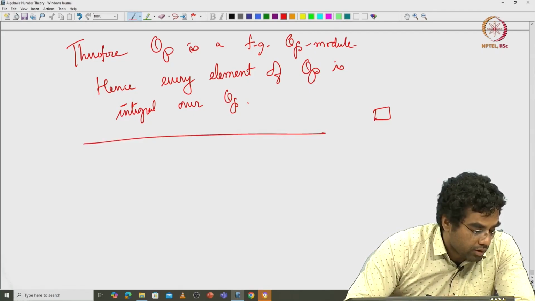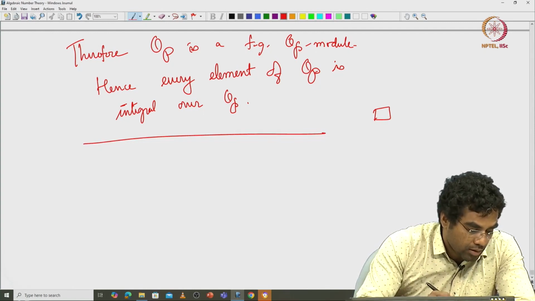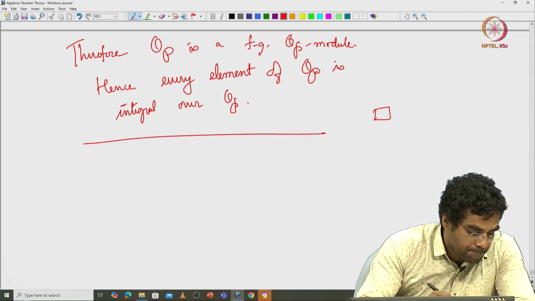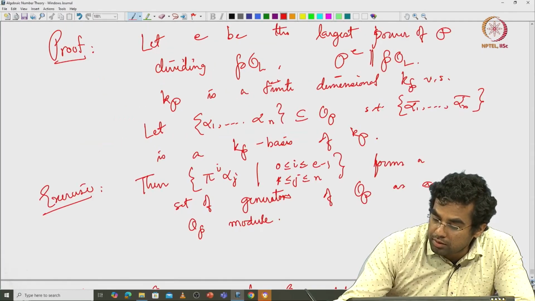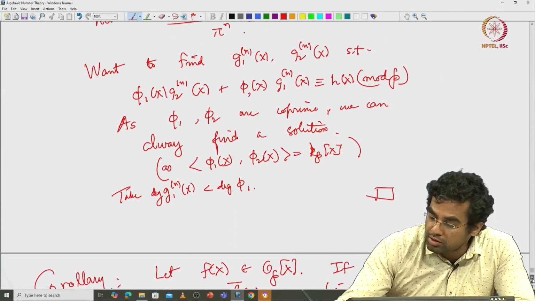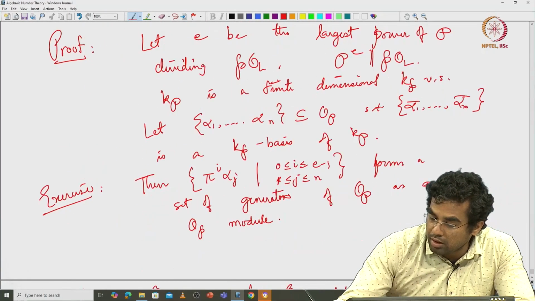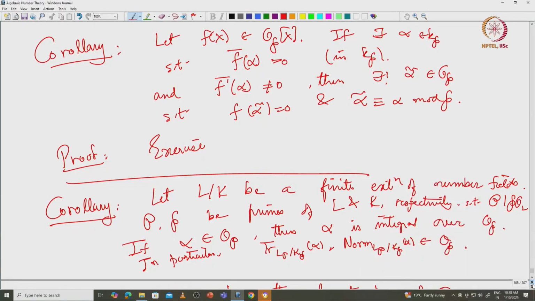So, that is what we wanted to show. The next one, so if you look at this corollary that we had before about finding roots, then there is this condition that f prime, the derivative of f evaluated at alpha, is not equal to 0, right, and sometimes this condition may not be fulfilled.